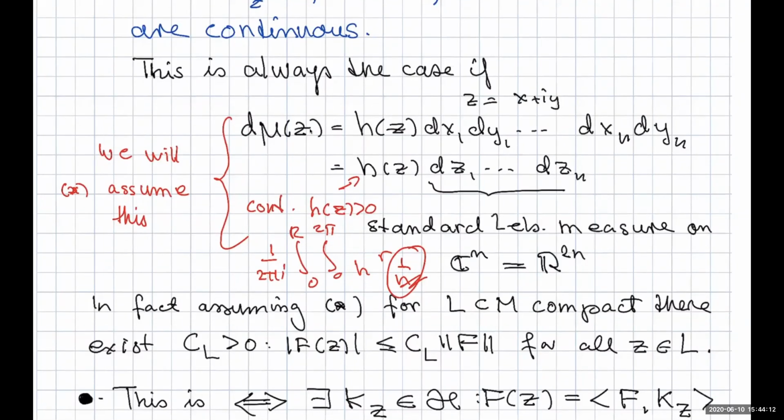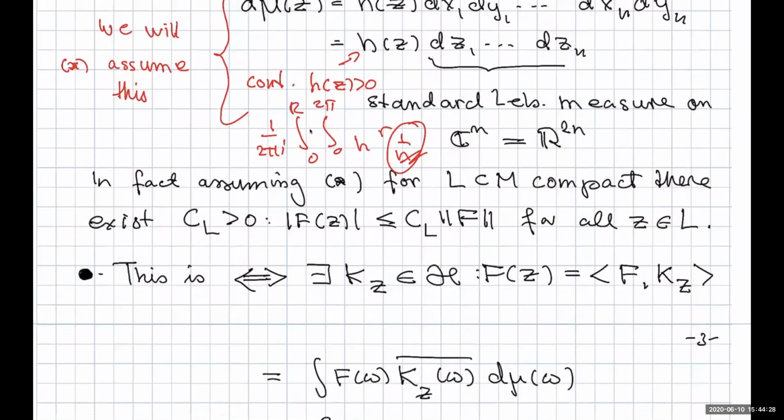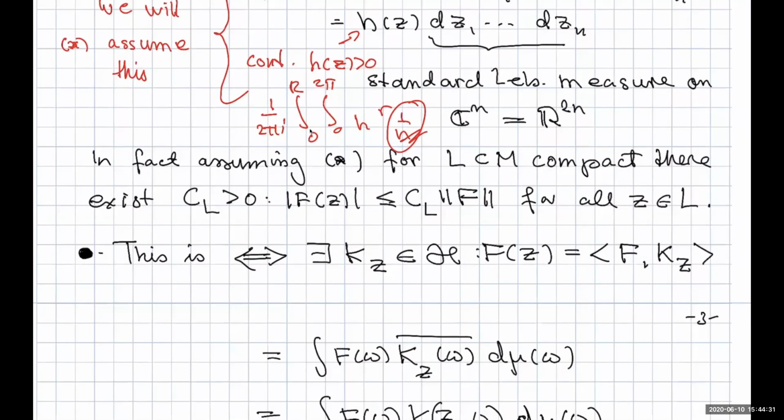So what is important is that in this construction, you have a uniform bound for the norm of those functionals on every compact subset, okay? Which is important in some proofs. But what is really important for us is that this implies, just by the representation theorem, that the value of the function at a point z is given by an inner product, okay?